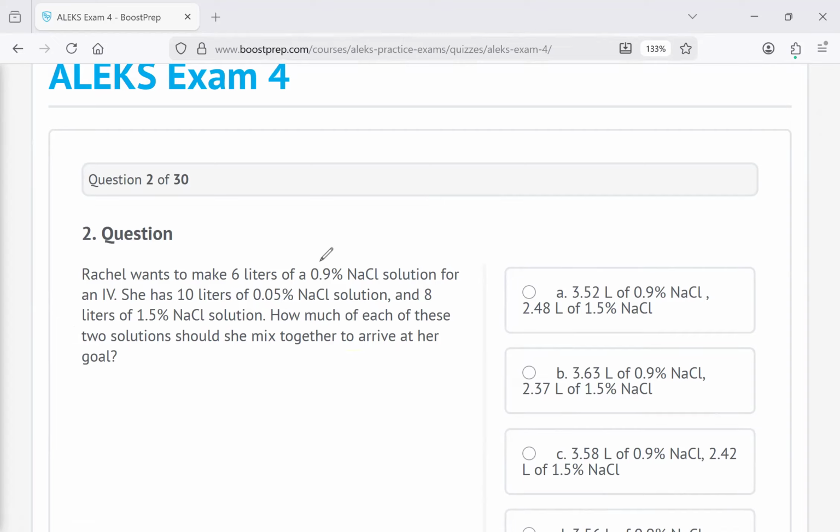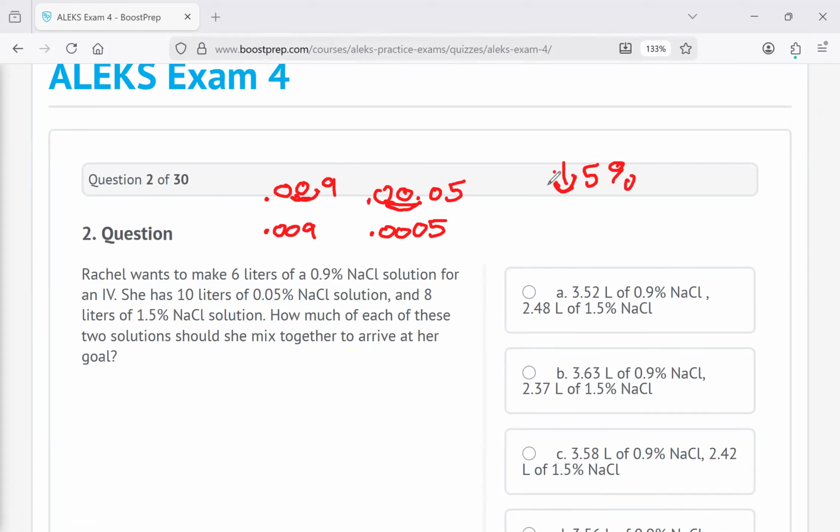0.9%, let's convert that to decimal. How do you convert a percentage to decimal? We just move it two places to the left, so that'd be 0.009. The same thing here, 0.05 as a decimal, you just move it two places to the left. And 1.5% as a decimal, move it two places.